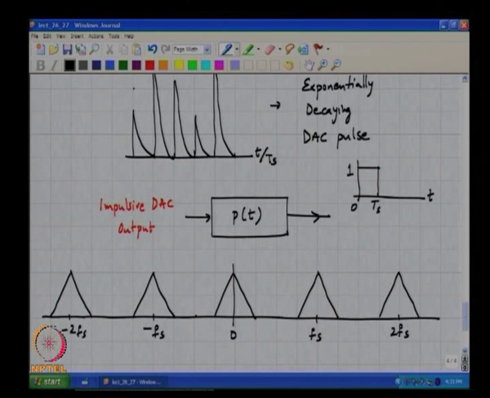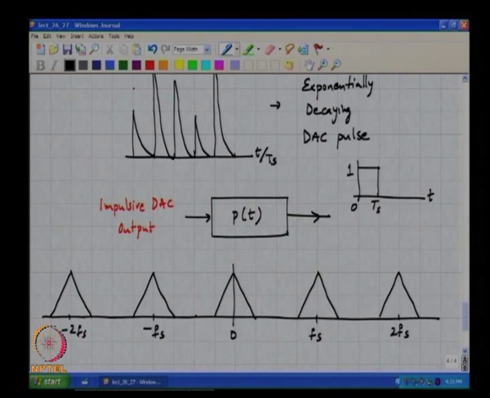So, what do you think is the Fourier transform of that? It is Ts sinc F Ts. So, the sinc will have nulls at multiples of 1 by Ts or Fs.